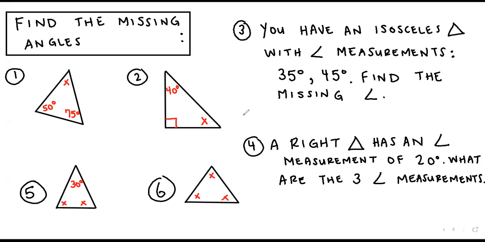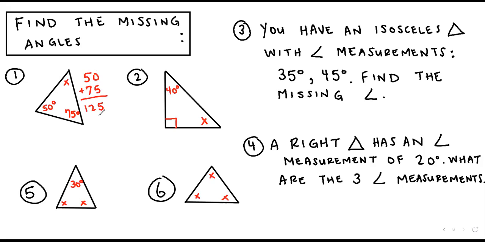So if we add the three measurements of the angles, then that will give you 180 degrees. So for number one, all you have to do is add the angles that you know. We're going to do 50 plus 75, and that will give us 125.